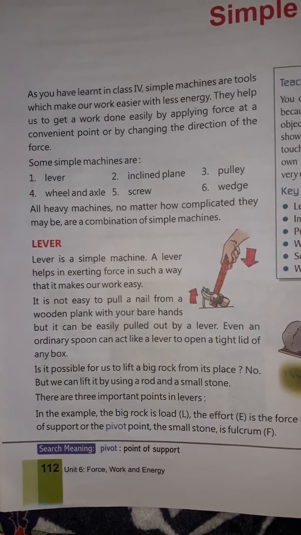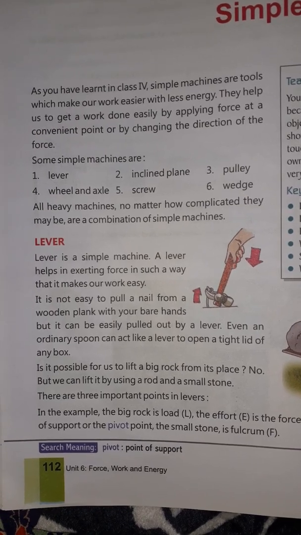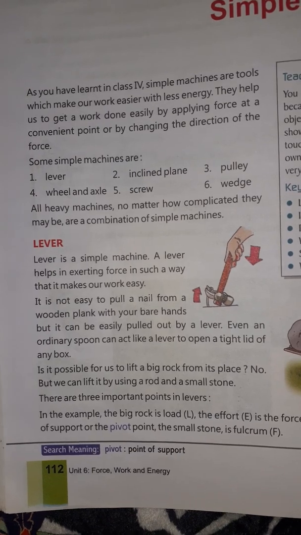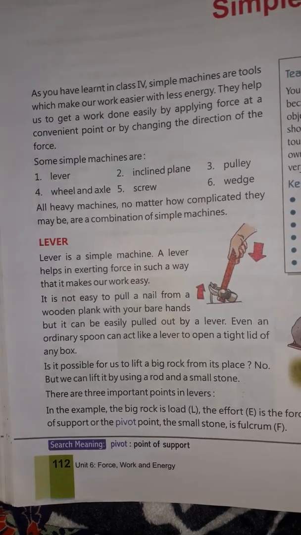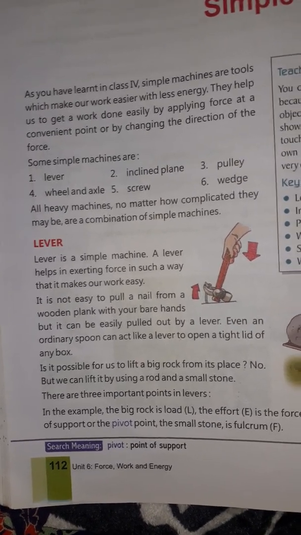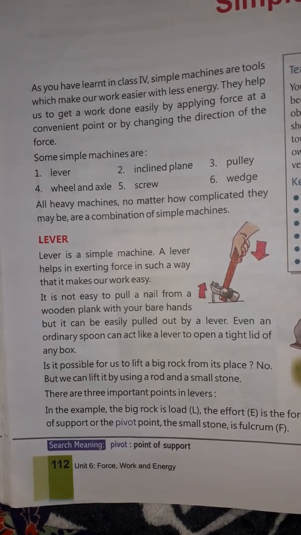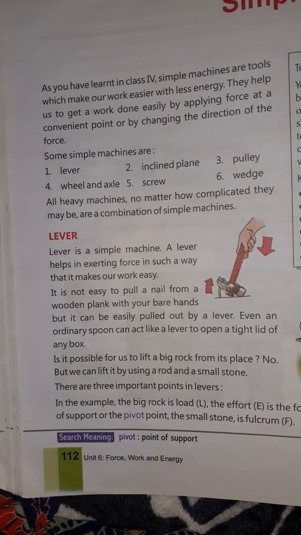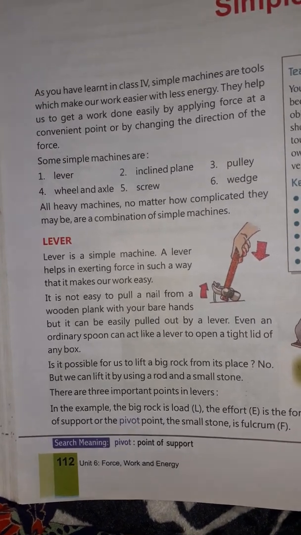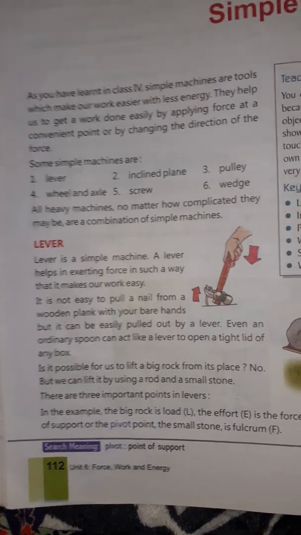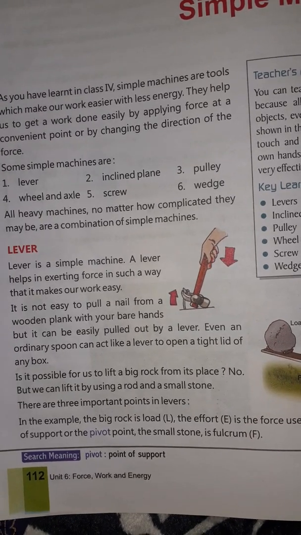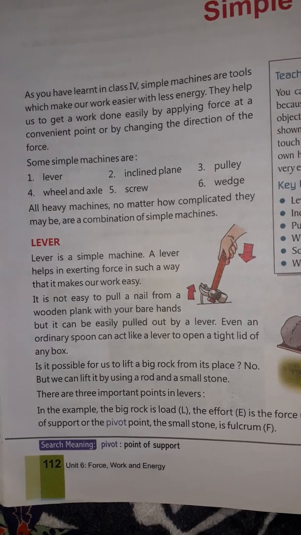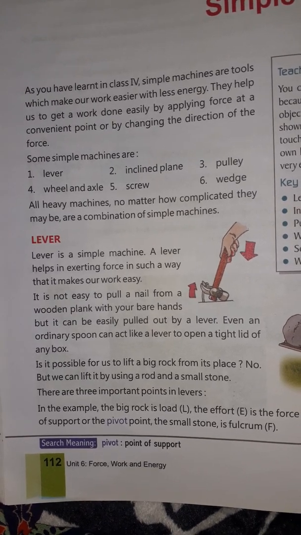If we have to pull a nail from a wooden plank without any tools, just with our bare hands, it will be very difficult to pull out the nail. But if in place of our bare hands we use a lever, we can easily pull out that nail. That means the lever makes our work easier.